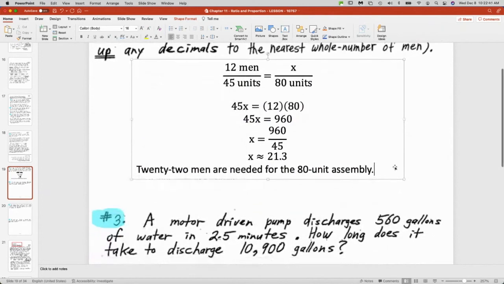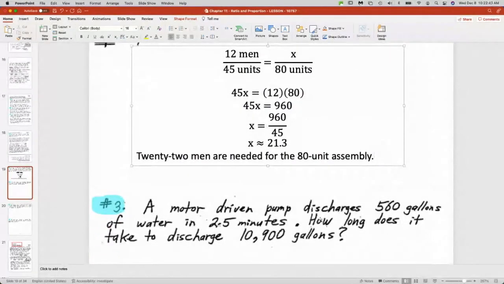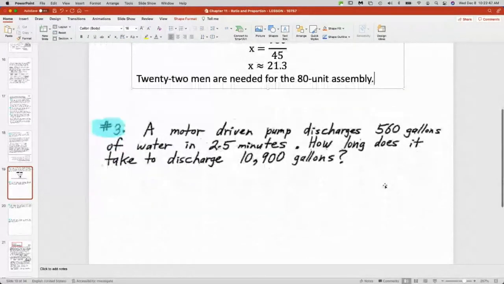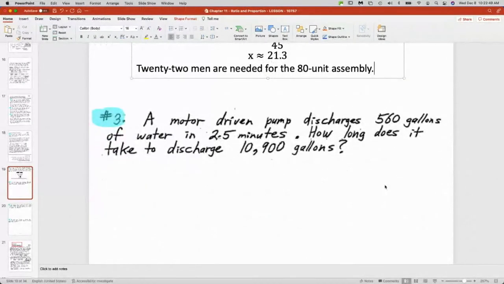Okay, let's do the next question here. A motor-driven pump discharges that many gallons of water in 2.5 minutes. How long to discharge that many gallons? So you could approach the question the way that Oakley has done, or other classmates of yours, by computing a rate.